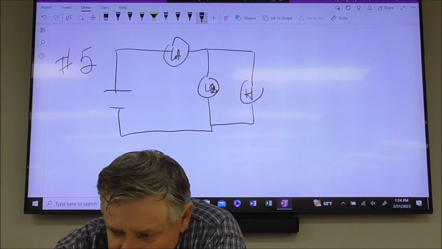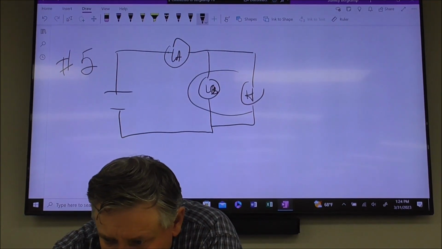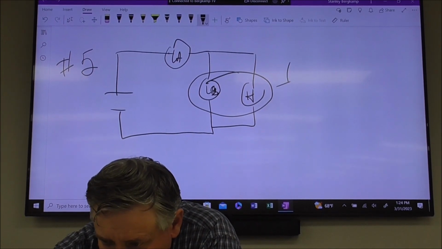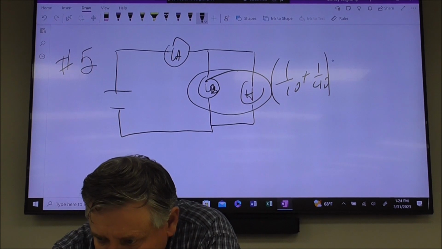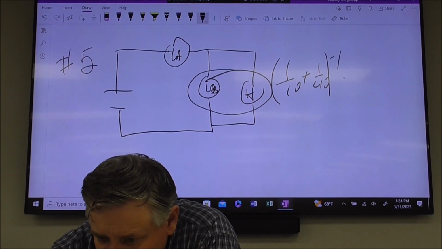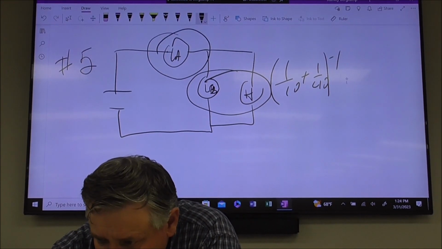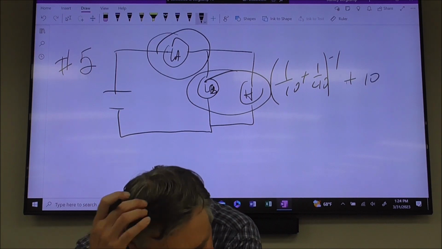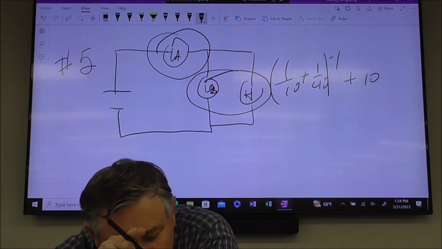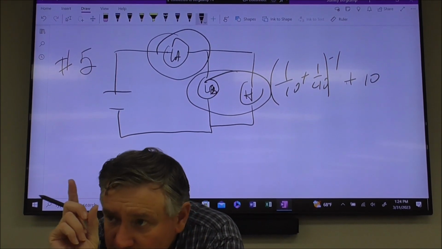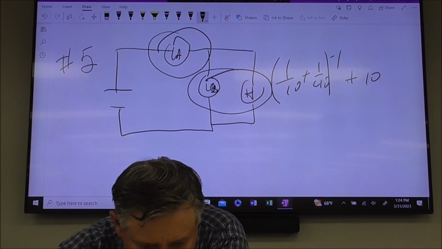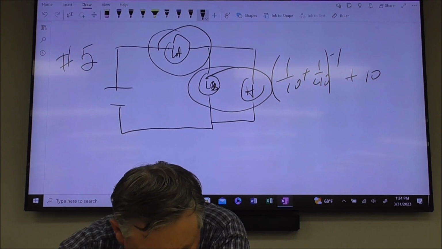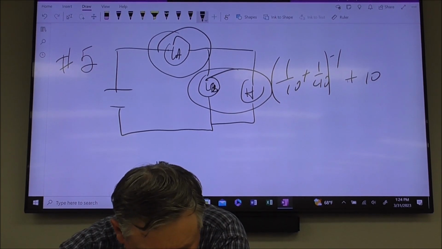So you look at this and you've got, these two are in parallel, so you're going to have 1 over 10 plus 1 over 40, and the inverse of that, and then you have this one that's in series, plus 10. So the first thing you've got to figure out is the equivalent resistance of all of that, which is going to be, what's that total? 18, maybe?